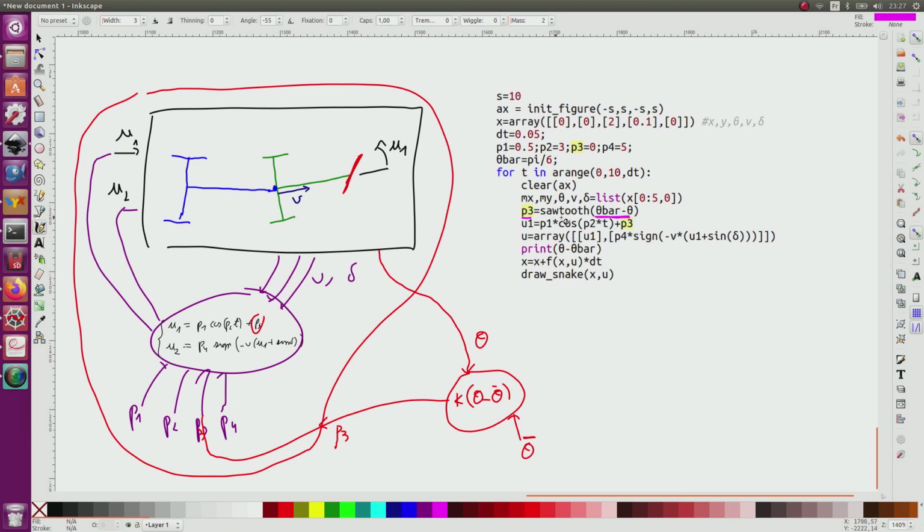and the sawtooth function is here to avoid the plus 2 pi problem. Recall that the sawtooth function is like this, is the identity when the difference is between minus pi and plus pi, otherwise it is periodic like this. This allows me to build an error between angles.